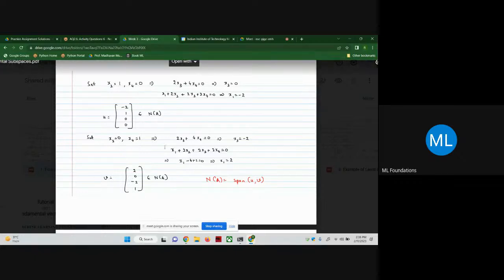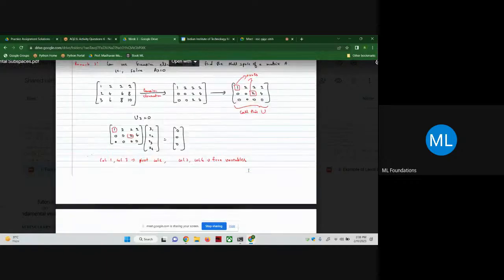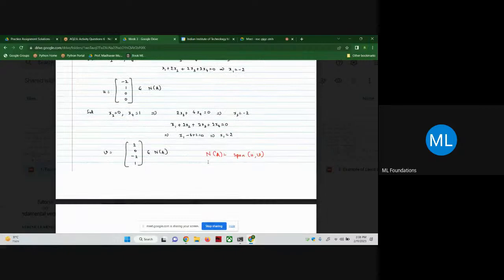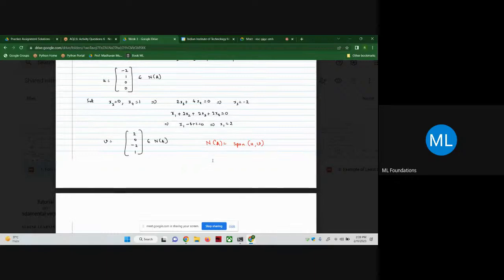The span of these two vectors gives you the null space of A. We have two pivots and two free variables. The number of free variables gives you how many vectors the null space of A has, or the dimension of the null space of A. We also call it nullity.